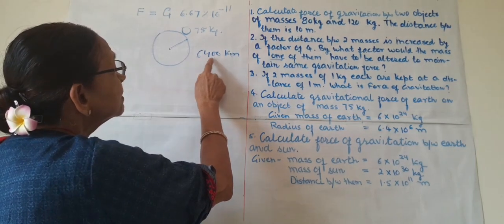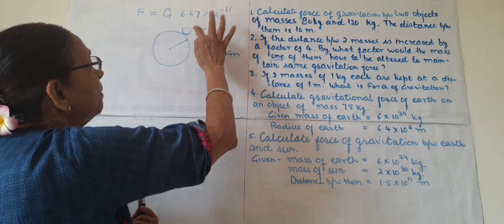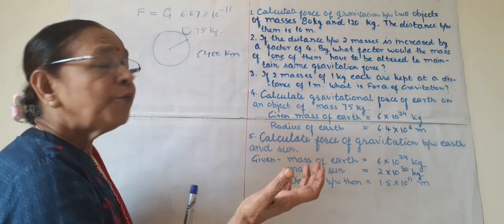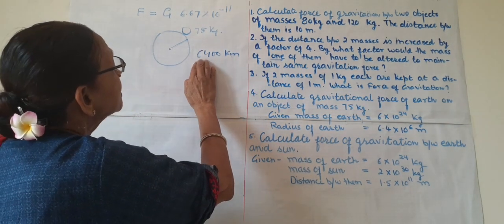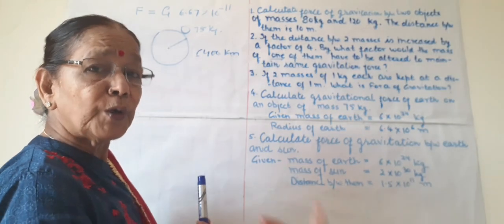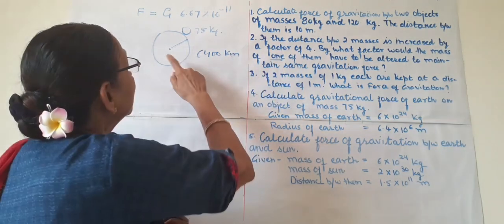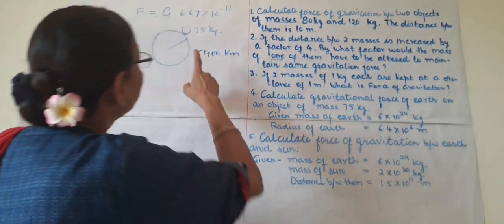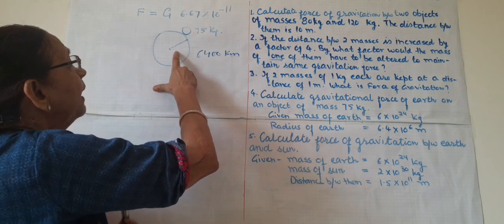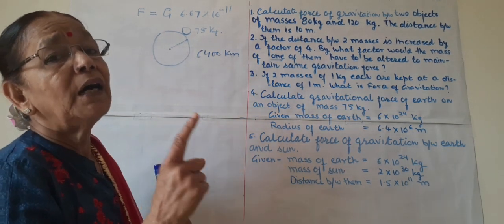In so much as 6400 kilometers, if the object is a few kilometers above, we take it as 6400 kilometers, as a few kilometers do not make any difference in the radius. So the distance between the object and the earth is taken to be the radius of the earth.